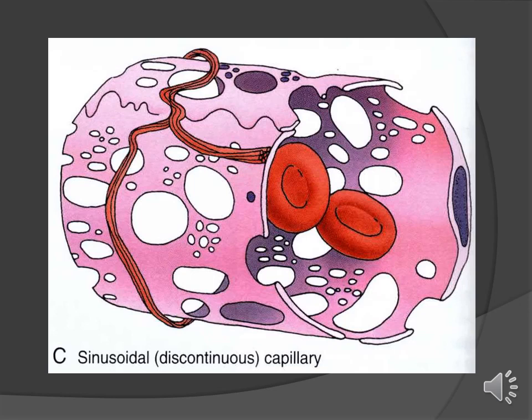These intercellular gaps allow for passage of blood plasma proteins. The endothelial cells are resting on a discontinuous basal lamina. This basal lamina in some organs is rudimentary or may be absent.